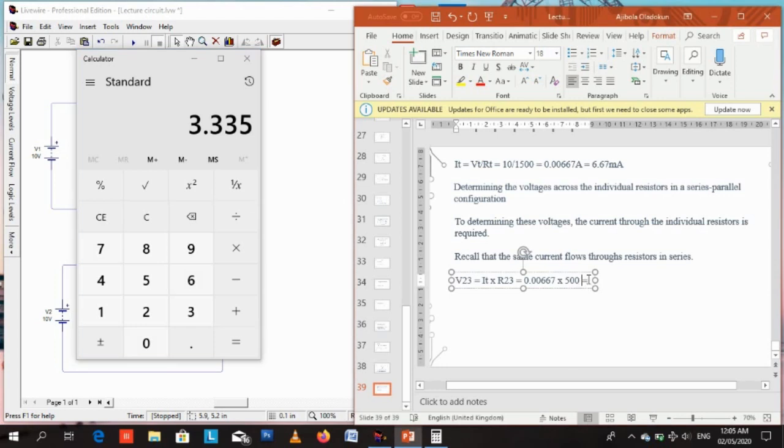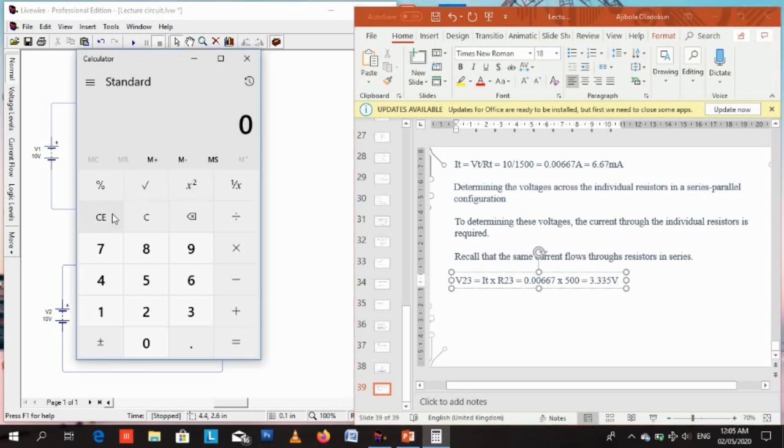Actually, it's supposed to be 3.333 volts. It's because of approximation. If you approximate too closely, you probably have some slight errors down the line. The more you approximate, the farther your final value will be from what it's meant to be.